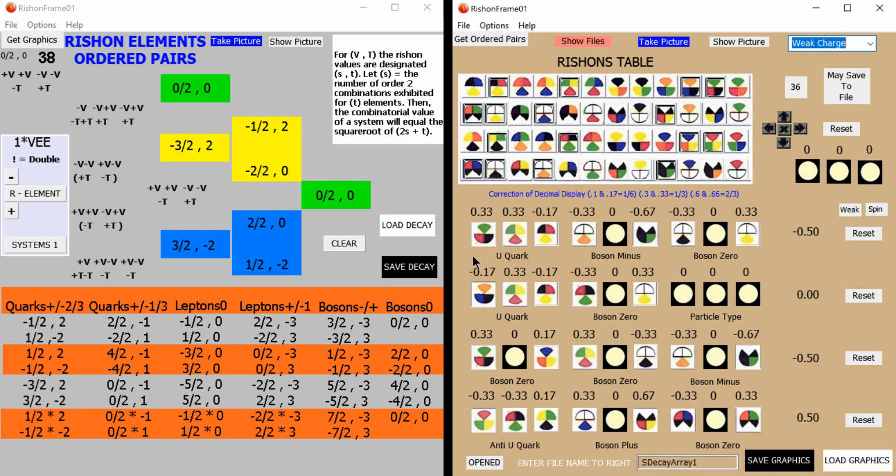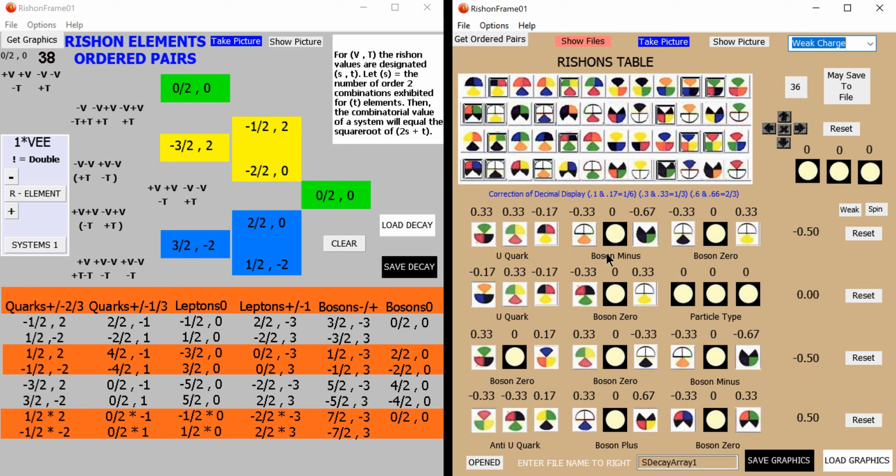And so on the generic U quark, we can see that we have a weak charge of 1/3 and 1/3 on the T rishon and the V rishon, giving us 2/3. But then on the other T rishon, we have -1/6. So the sum will be +1/2 on the generic U.